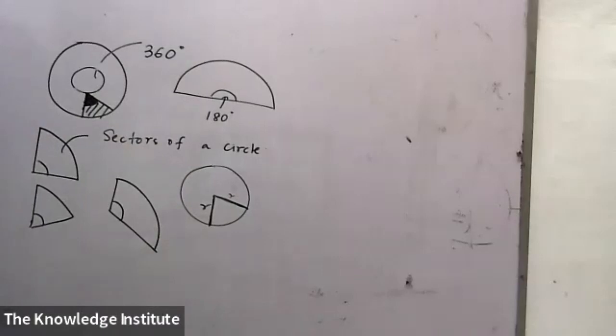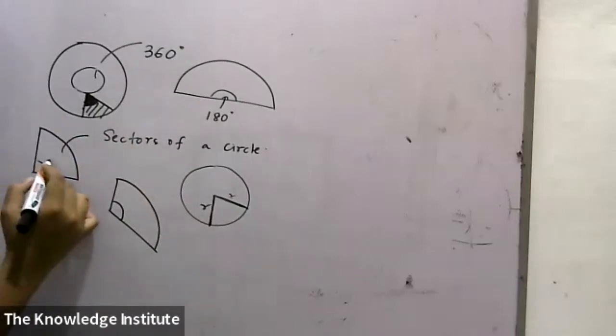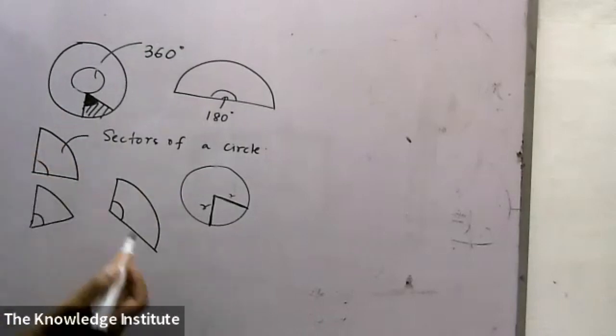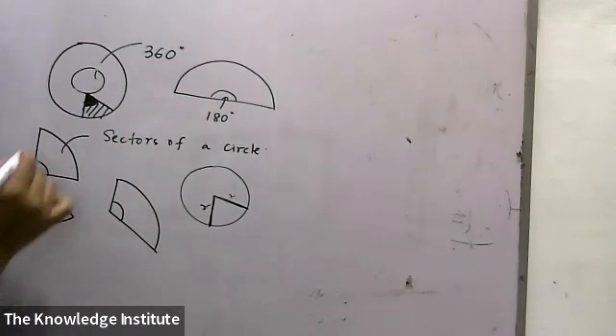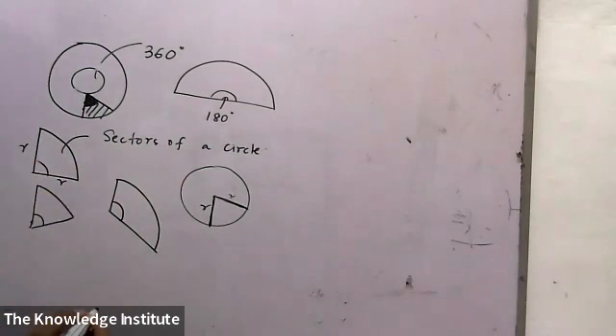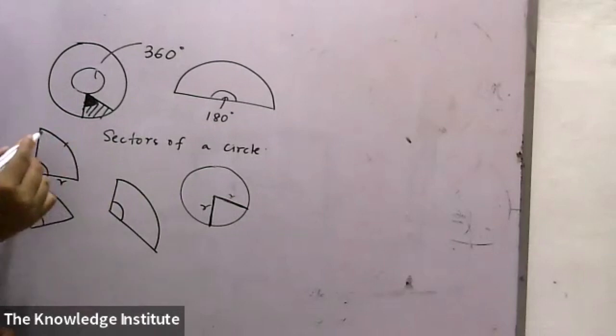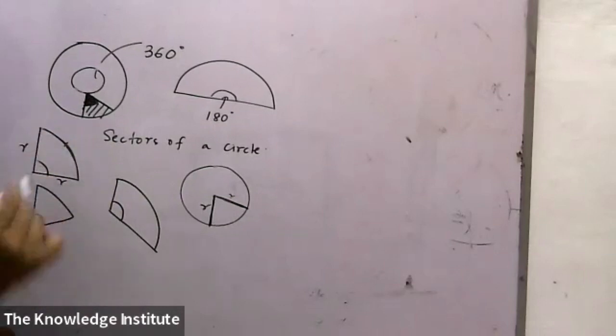So when it comes to a sector of a circle, you have a particular angle which will be less than 360 degrees. And remember, both radii will be equal, because they are radius. They will give you the radius. But then again, you have a small problem here. You don't know this curve part's length.